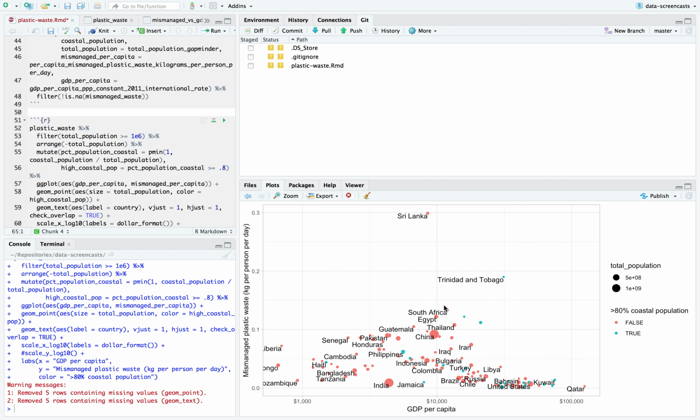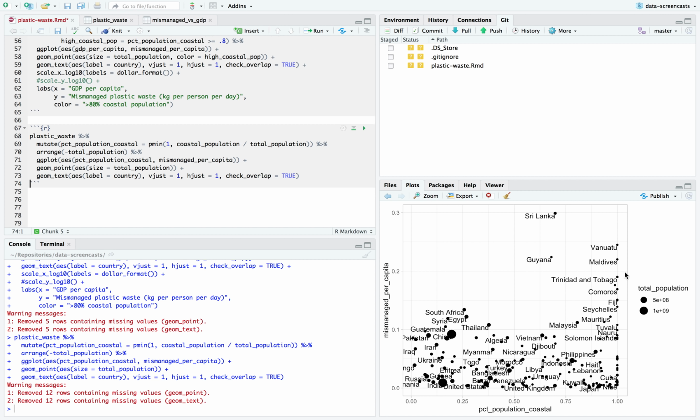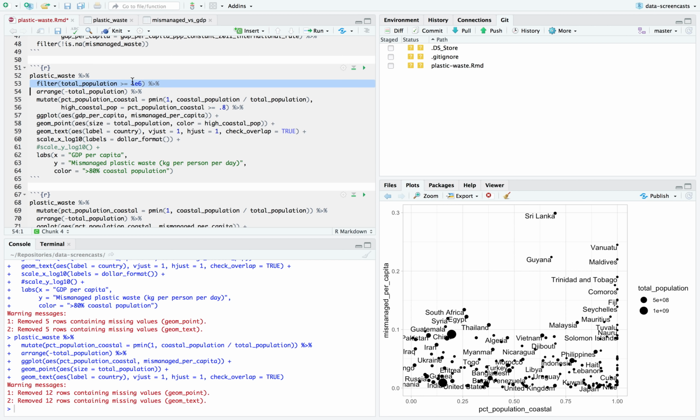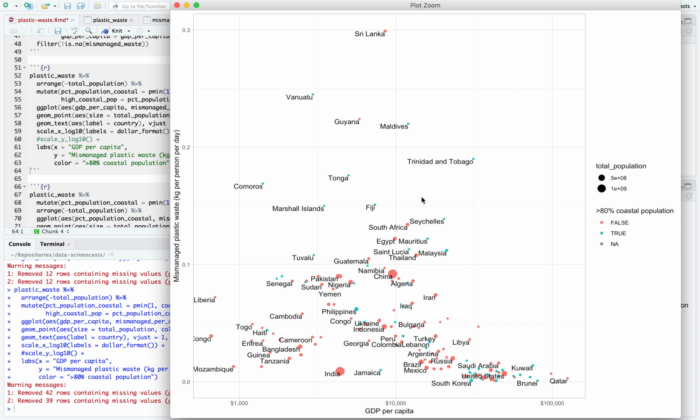I thought we saw that a lot of them had really high mismanaged plastic waste. Where are all these countries? Oh, I did a filter. Ah, there they are. I was like, these two graphs didn't seem to be lining up.